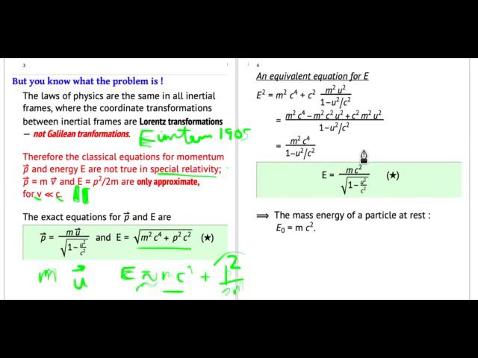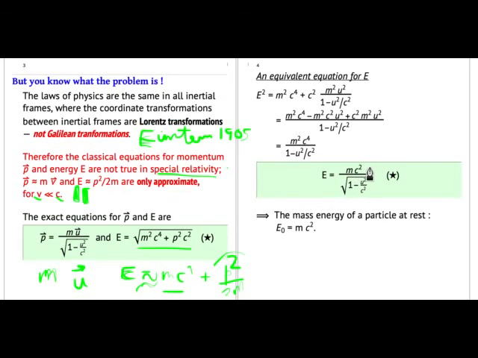Everybody knows the equation E equals mc squared. Everybody knows something wrong. E is not equal to mc squared. E is equal to mc squared over the square root of 1 minus u squared over c squared. If the particle is at rest, if u is equal to 0, a particle not moving, it has an energy.